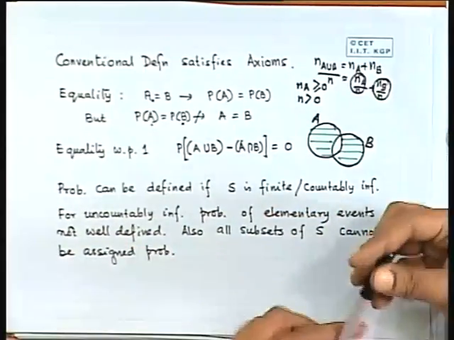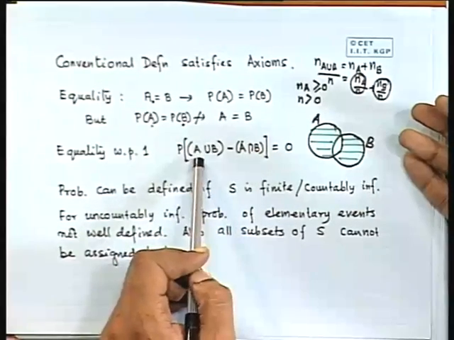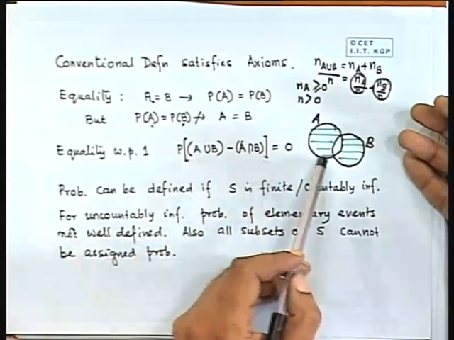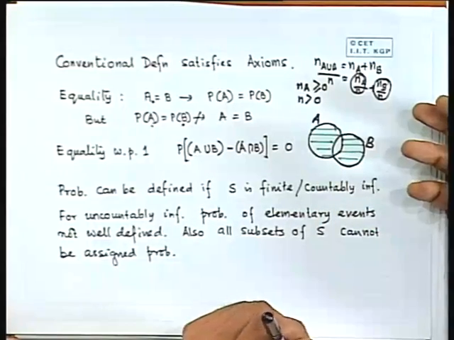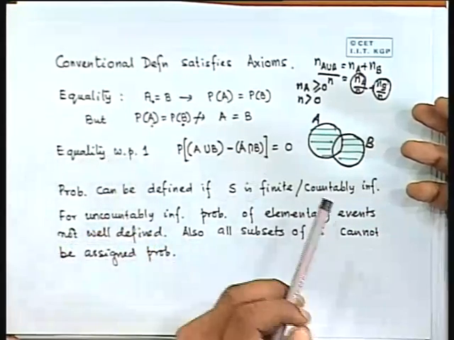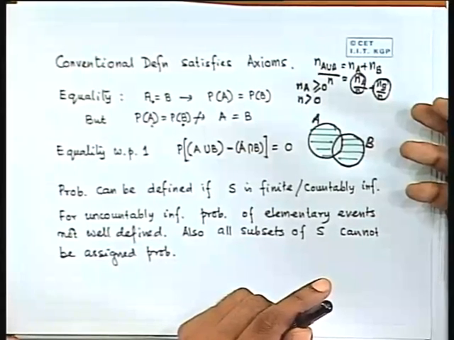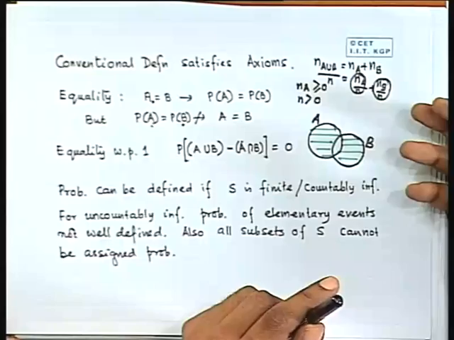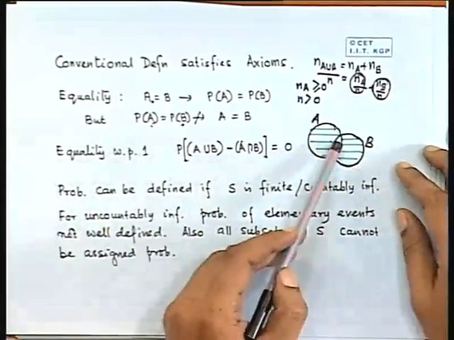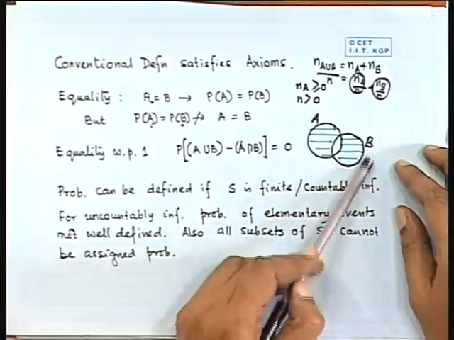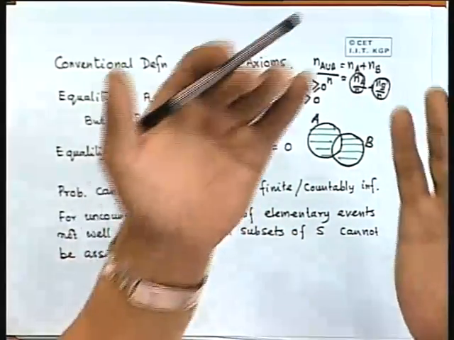Right? So this is another event because it's a set. If the probability of this is 0, then the two events are supposed to be equal with probability 1. What does that mean? It means that the set A and the set B are actually different, as they have been defined.